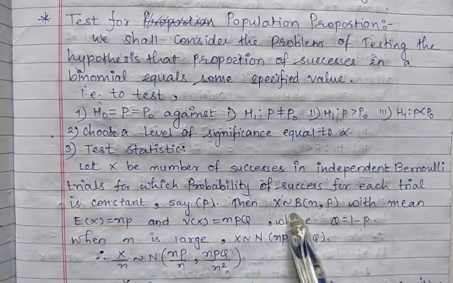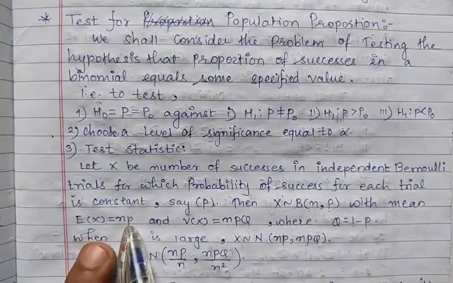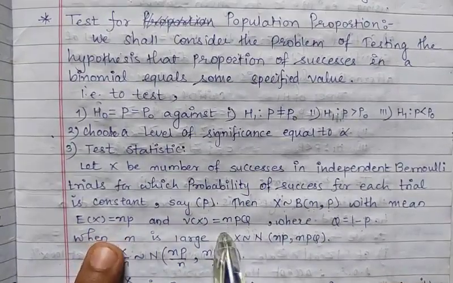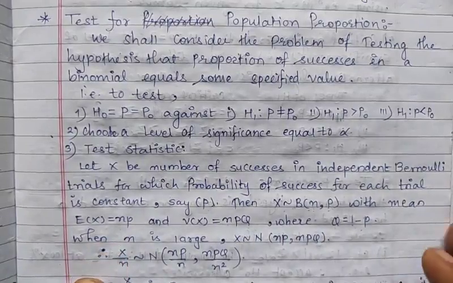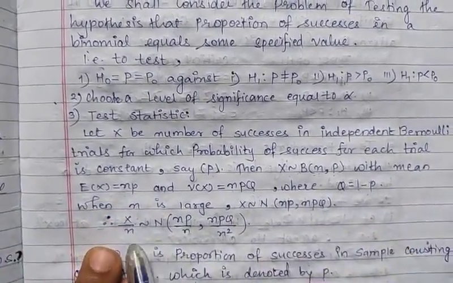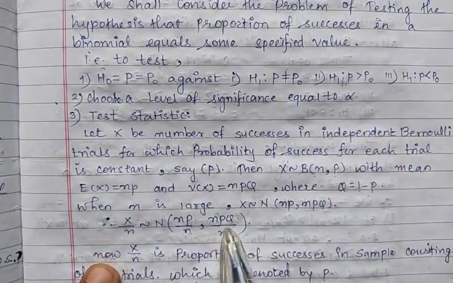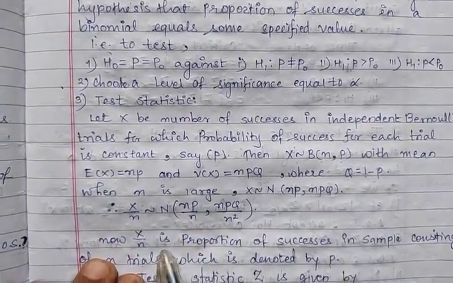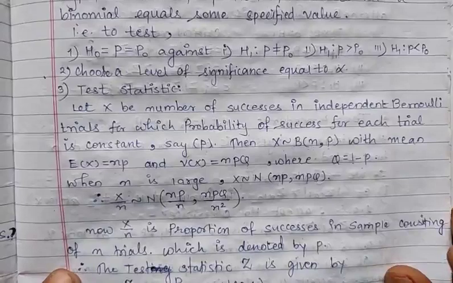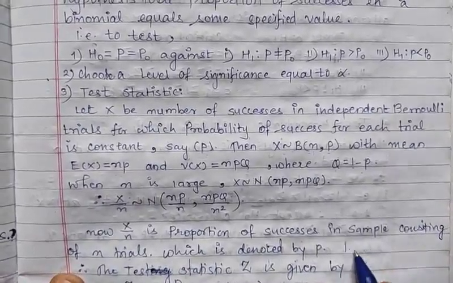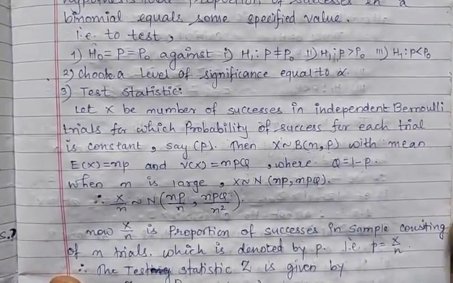Then x follows a binomial distribution (n, P) with mean E of x equal to nP and variance of x equal to nPQ, where q is 1 minus P, and x by n follows a normal distribution with mean P and variance PQ by n square. So x by n is the proportion of successes in a sample consisting of n trials, which is denoted by small p, that is, small p is x upon n.